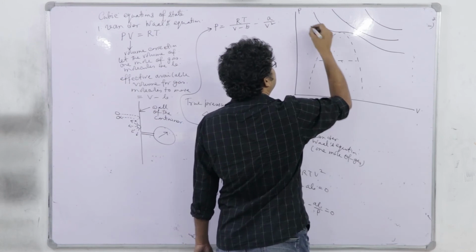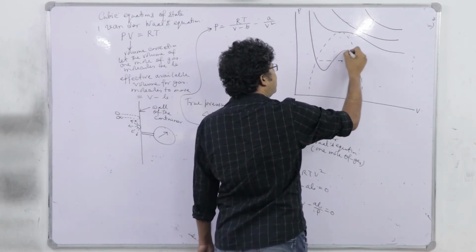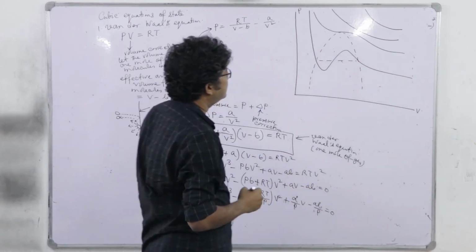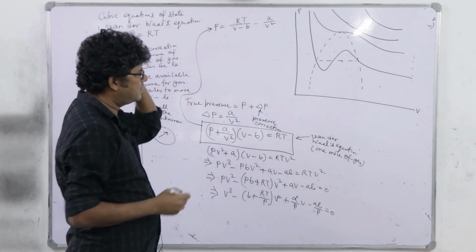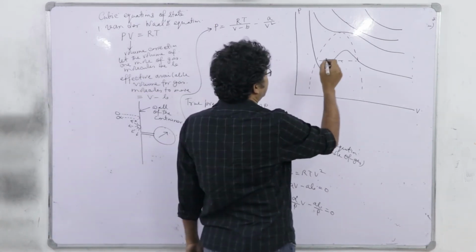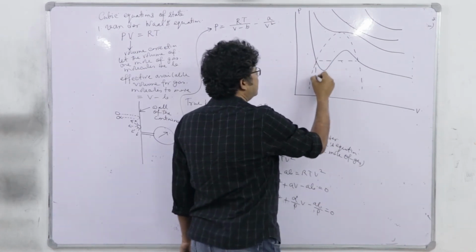However, for temperature below critical temperature, the curve actually looks like this. There is a minima, there is a maxima, and there are 3 roots for a given pressure, as it is a cubic equation.